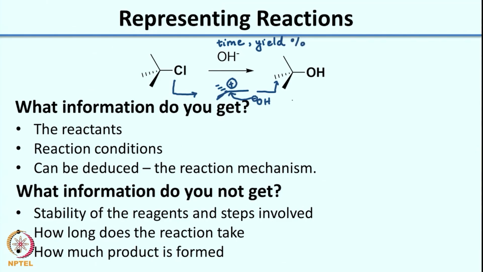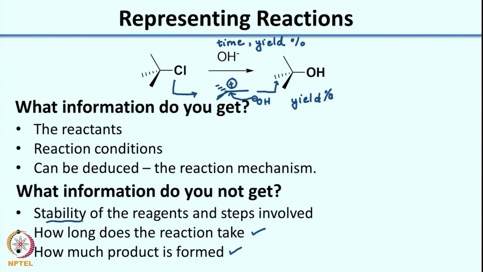Sometimes the yield is also written below the product. So if this information is there, you would know how long the reaction took, and you will also know how much product is formed.